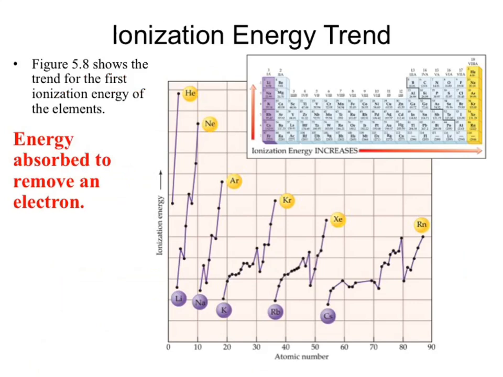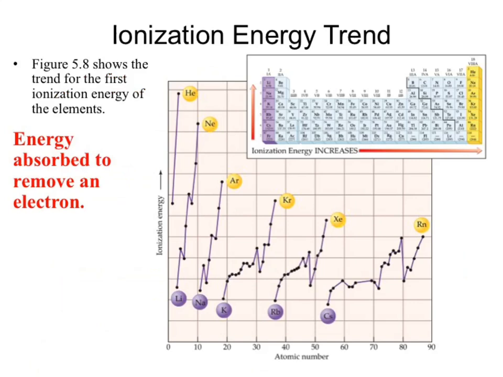They're all noble gases. They're in the same column. What happens to the energy as we move down the column? It decreases. Why would it decrease? The electrons are further away from the nucleus. Okay, so our trend down in the column makes sense.